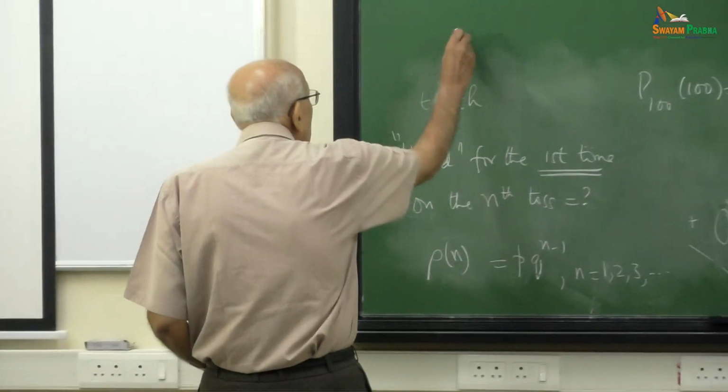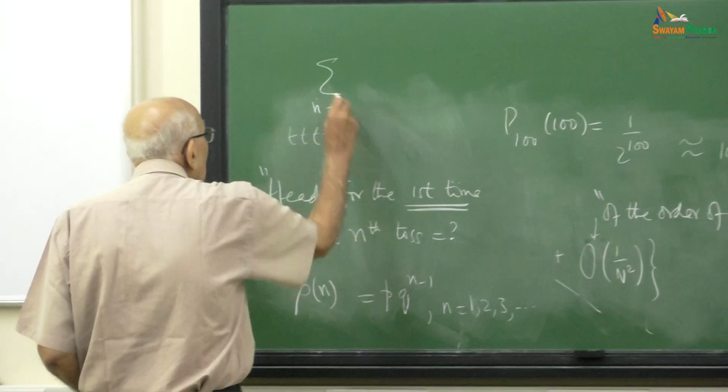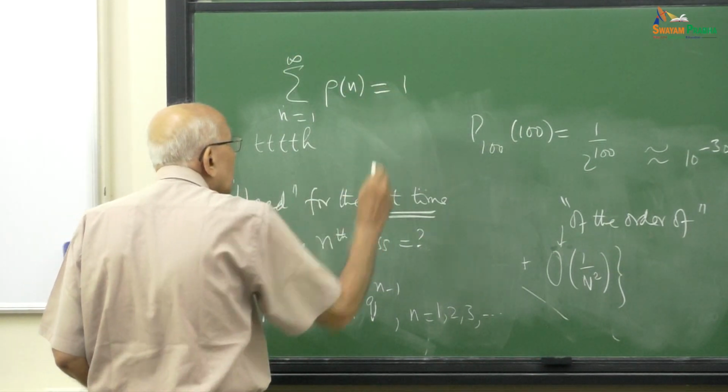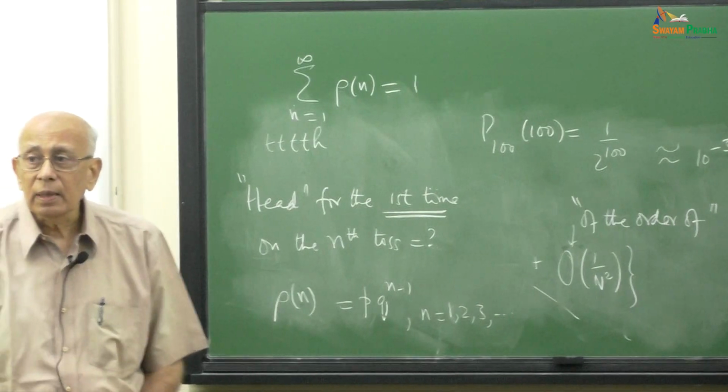The proof of the pudding is the total probability that you get a head at all should be 1 eventually. Right? So you want this to be true. You want the summation n equal to 1 to infinity of rho of n to be equal to 1, because getting a head is a definite event.